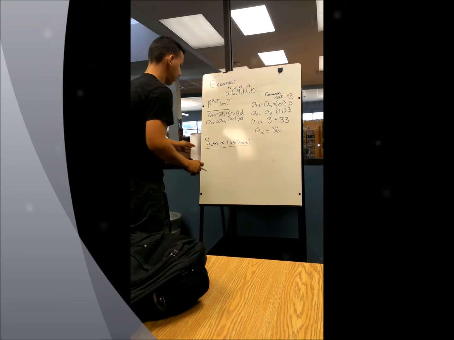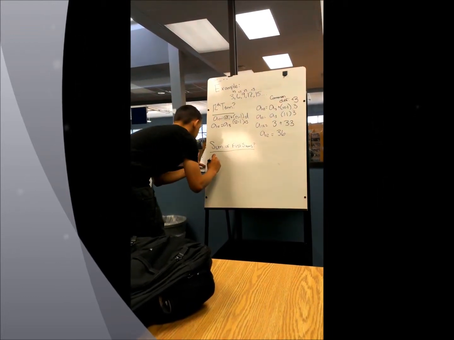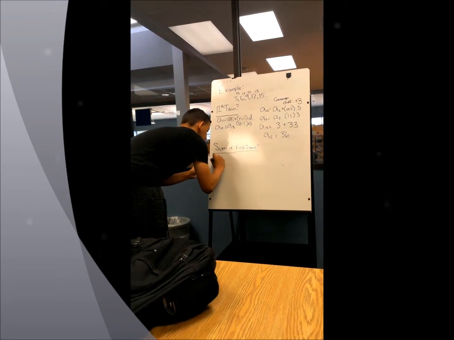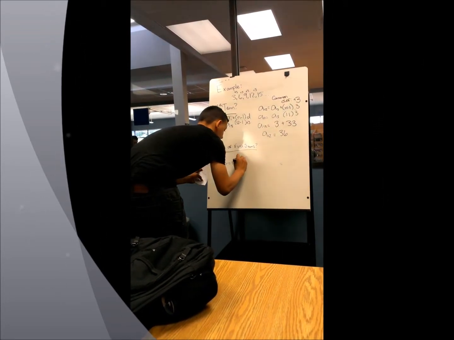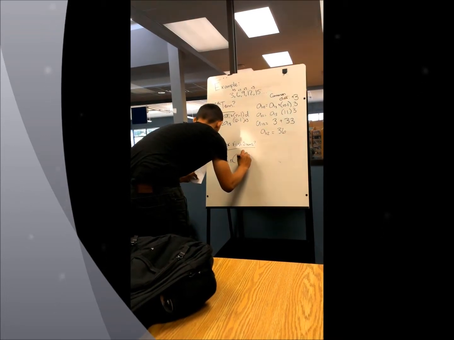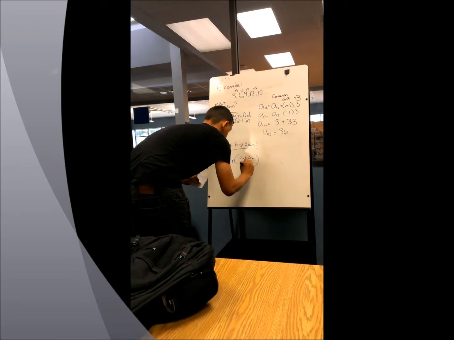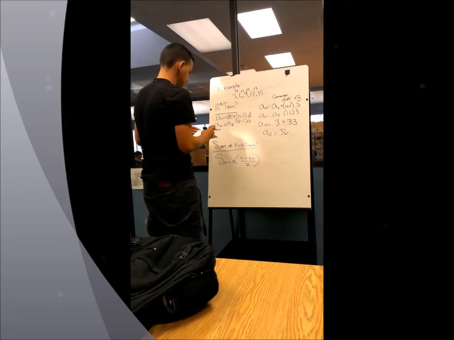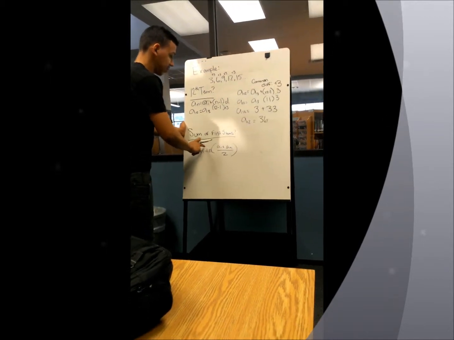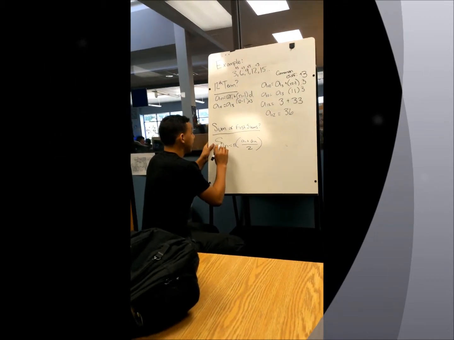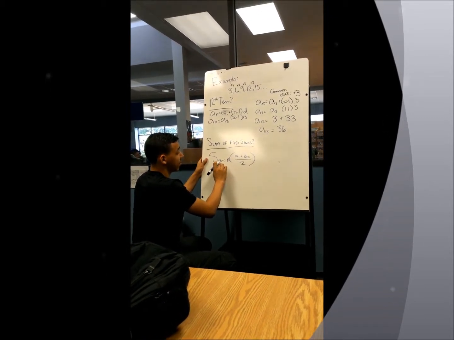And if we want to find the sum of the first 5 terms, the equation I gave you was... alright, and since we're gonna have to plug in the numbers that go here, and since this is the sum of the first 5 terms, the number you're gonna have to put in for n is 5.